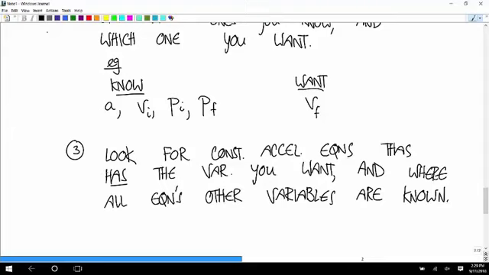If you can find an equation like this, then you can solve for the variable you want and you're done. And solve.